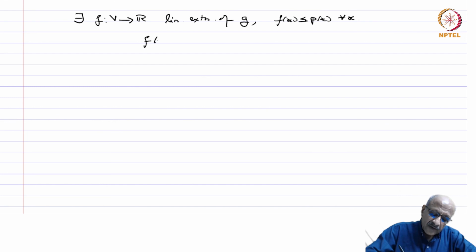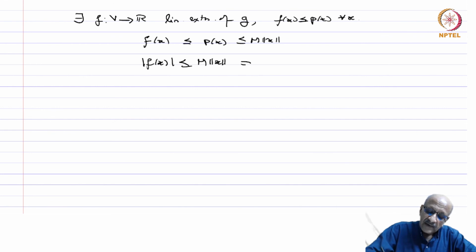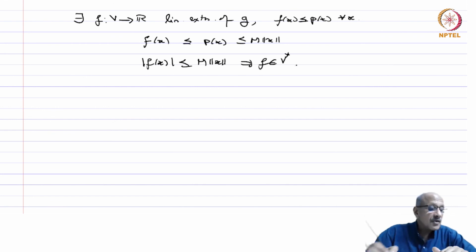Now f of x is less than or equal to p of x, which we know is less than m times norm x. This is also true for minus x, and therefore mod f of x is less than or equal to m times norm x, and this implies f belongs to V star. So it is linear and it is continuous, therefore it belongs to V star.